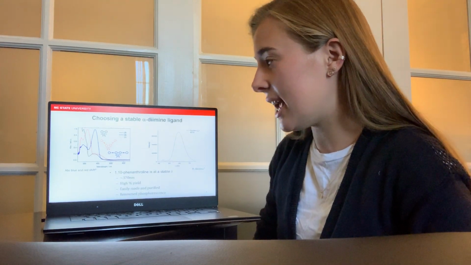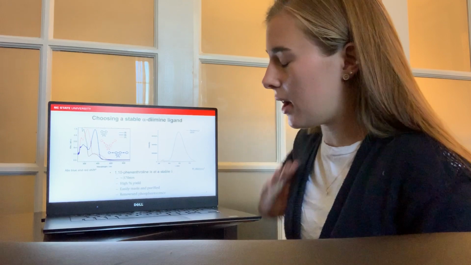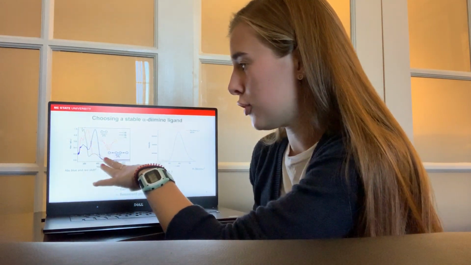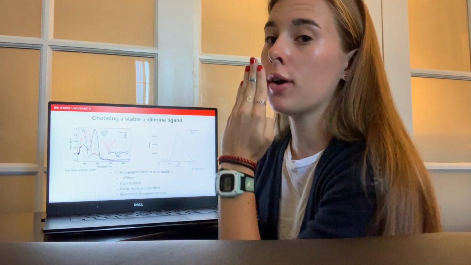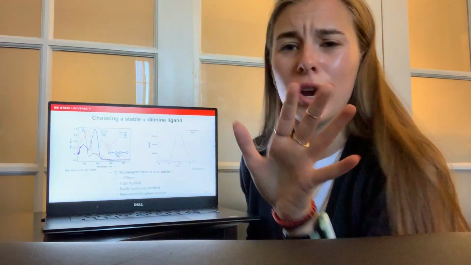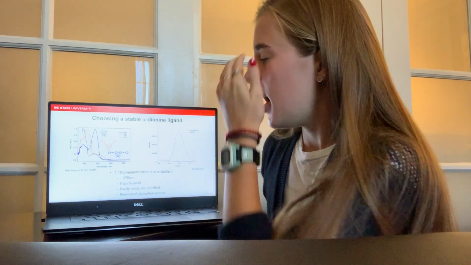And the reason is because if you see the excitation band is lower than the other two, and it is also more red shifted than the other ones, which is good. That's what we want.